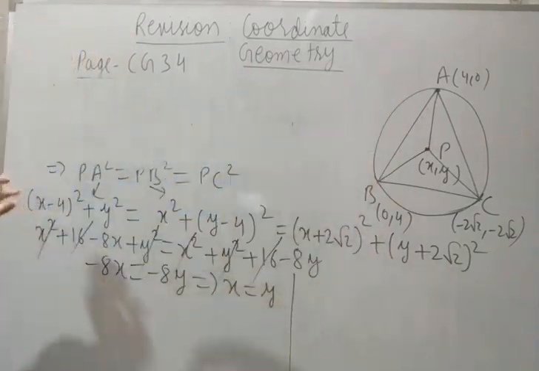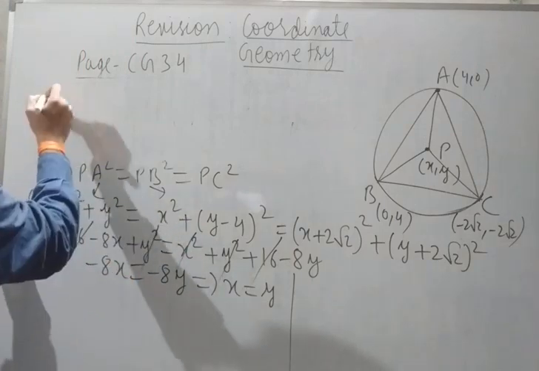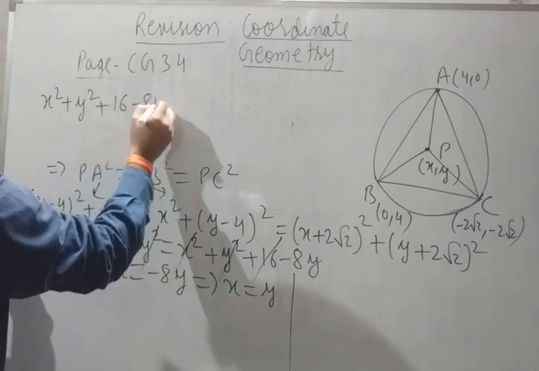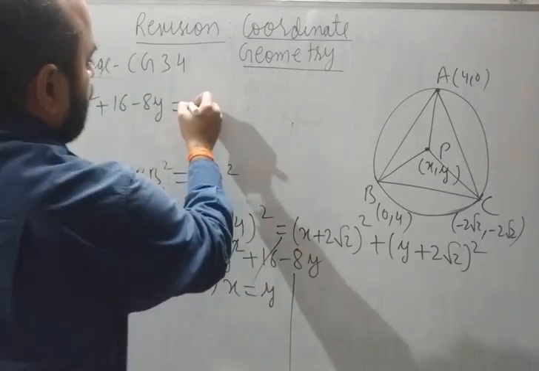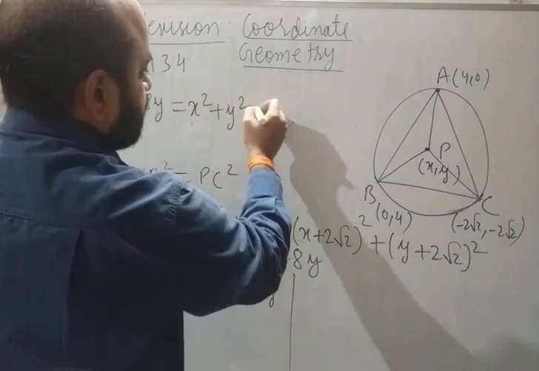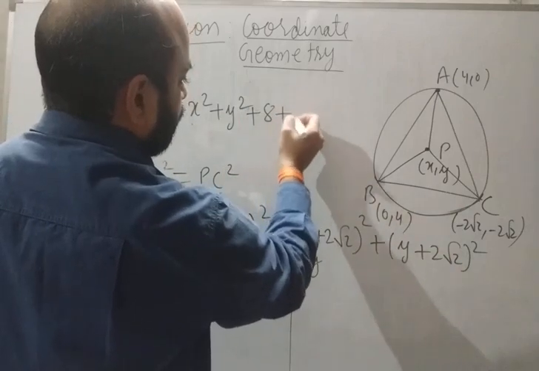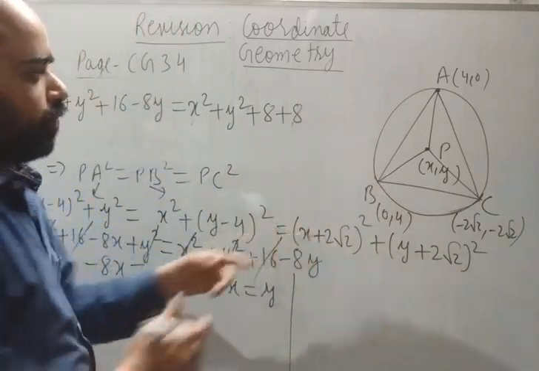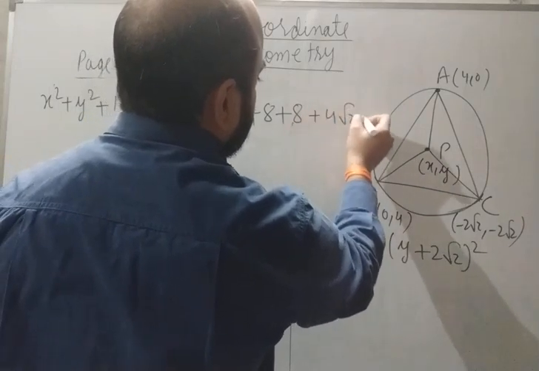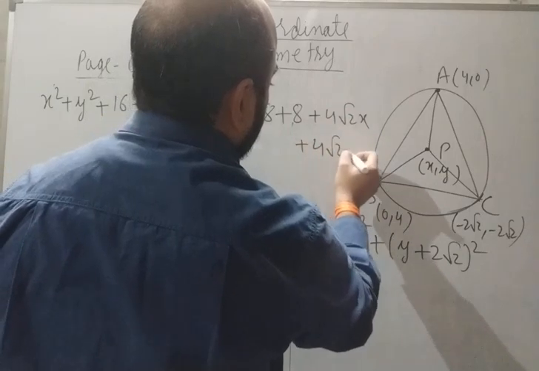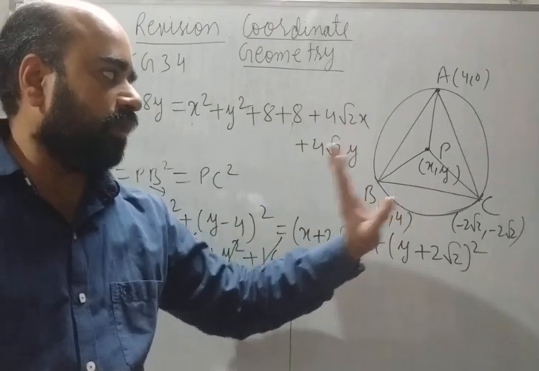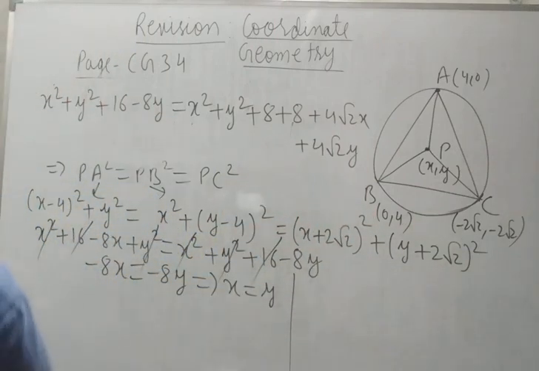So PB square, already we have done, is x square plus y square plus 16 minus 8y, equal to x square plus y square, then 2 root 2 squared is 8, this also gives 8. Next 4 root 2y and 4 root 2x, so 4 root 2x plus 4 root 2y. Here it is a square plus b square plus 2ab, and both the coordinates are negative.